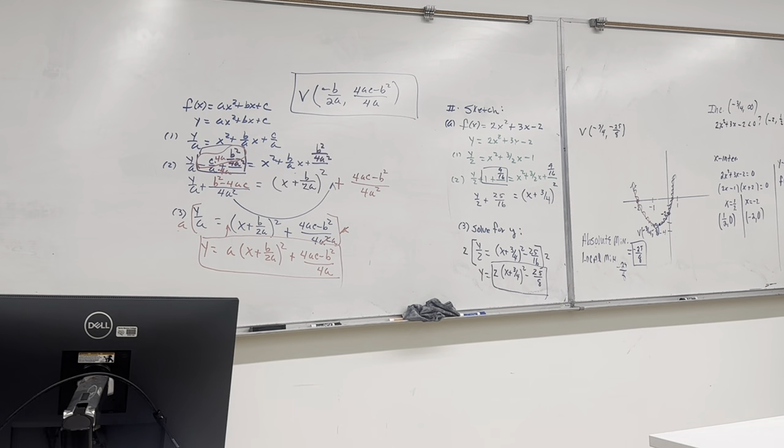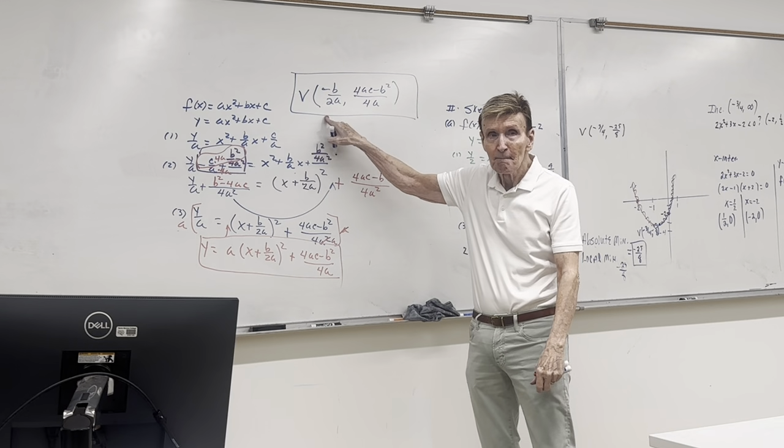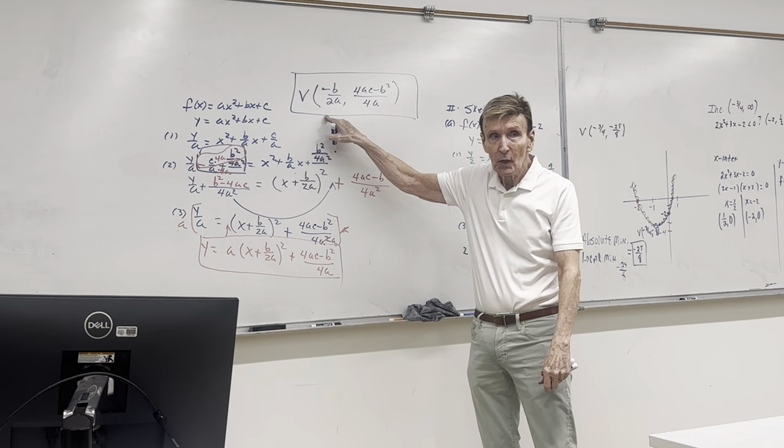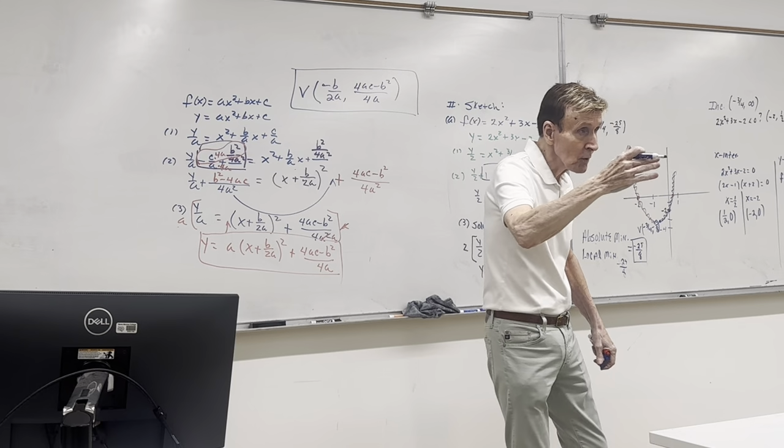Let's see if we get this. If I accept that formula, the first coordinate, in this case 1/3, should be equal to negative b over 2a. Just place it in your function.